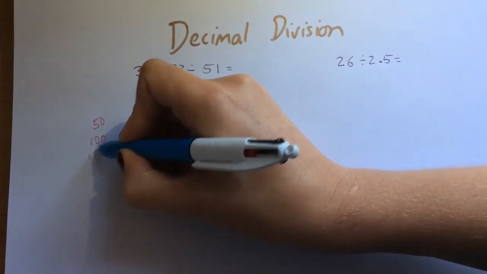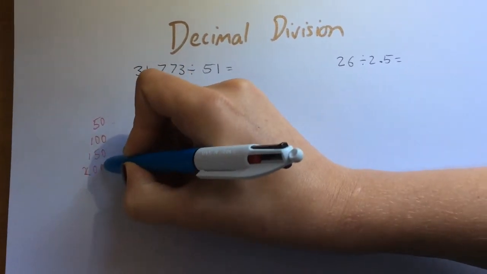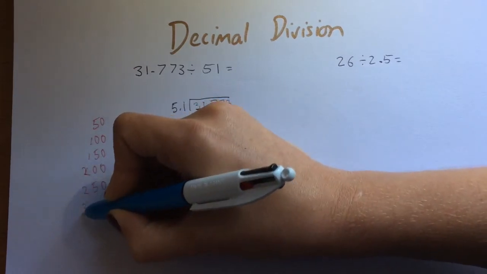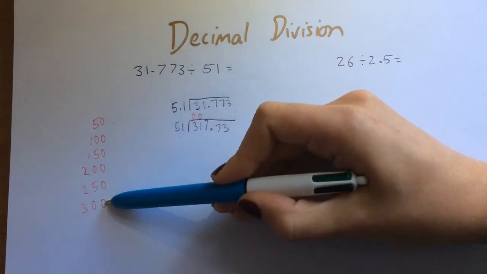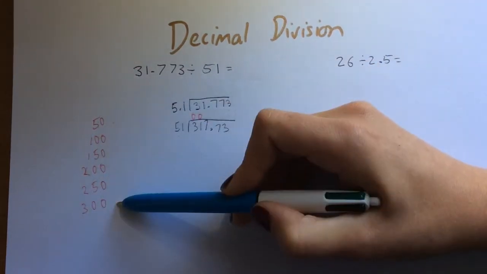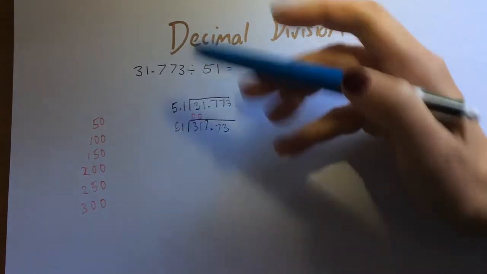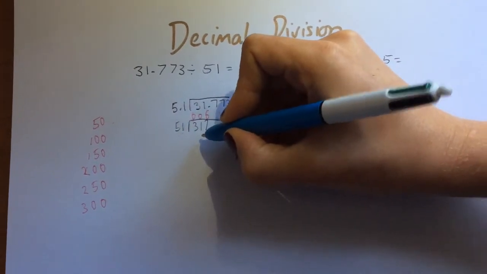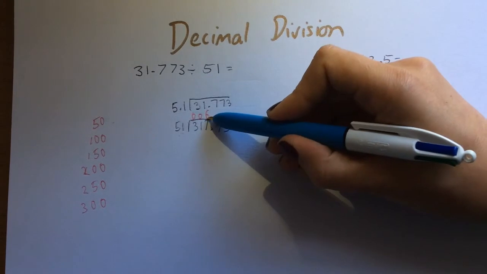Plus another 50, 150, oops, 200, 250, 300. So we've got 1, 2, 3, 4, 5, 6. So it's a roundabout estimate that if I multiply 51 by 6, it's most likely going to be underneath 317 there. So I'm going to go ahead and do that now.